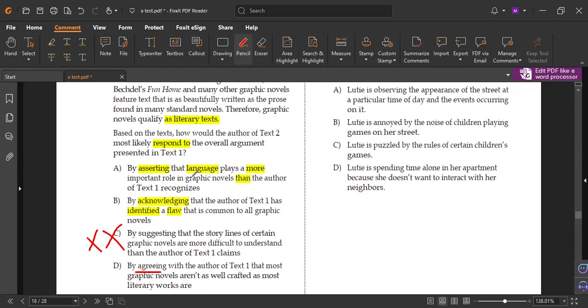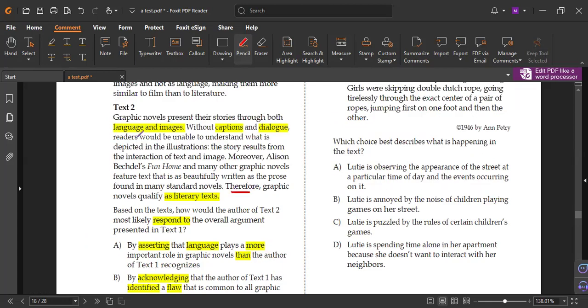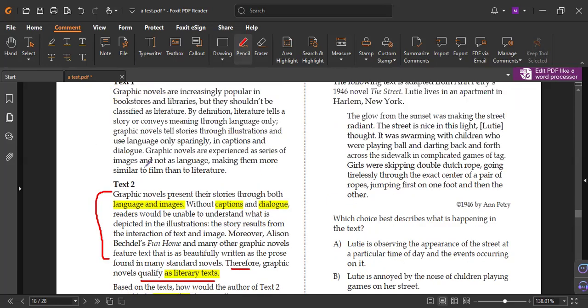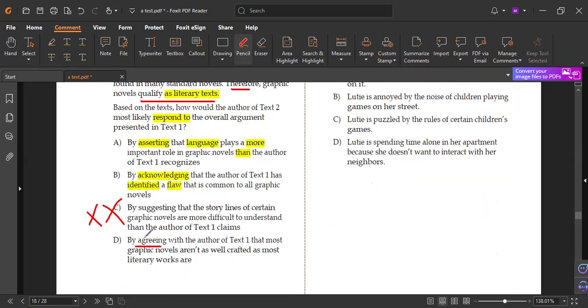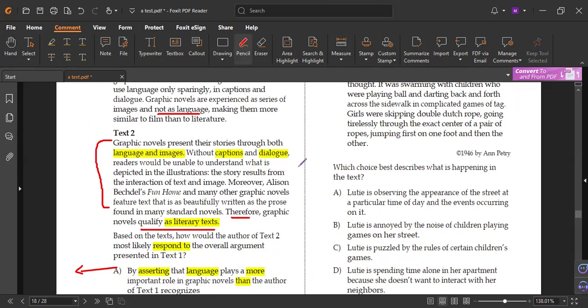He disagrees, because he said here, therefore, all of this evidence qualifies as literary. So he disagrees, because he said here it is not only language. So that was what we needed you to know. So here, letter A is the best answer. Imagine we have two people arguing about ideas, and how the second one responds to a specific one.